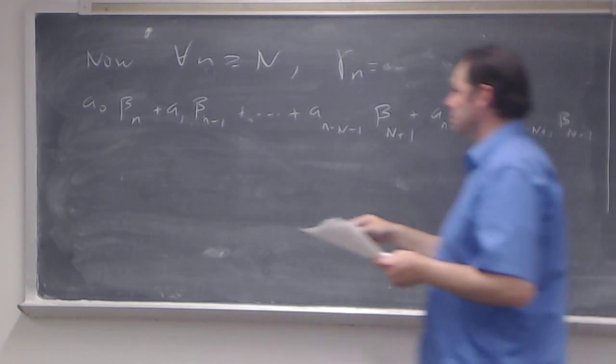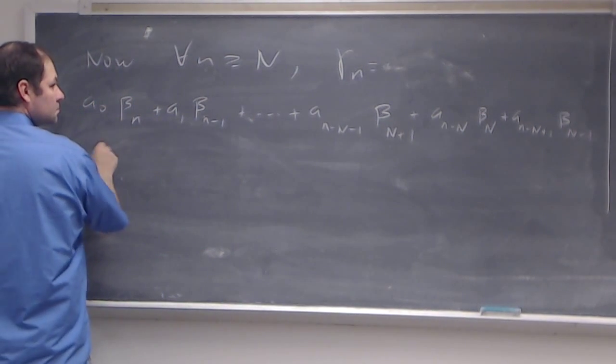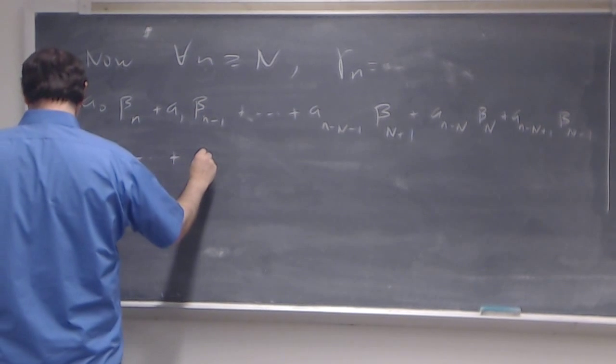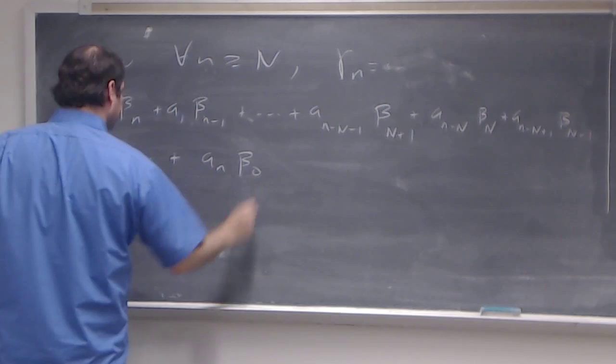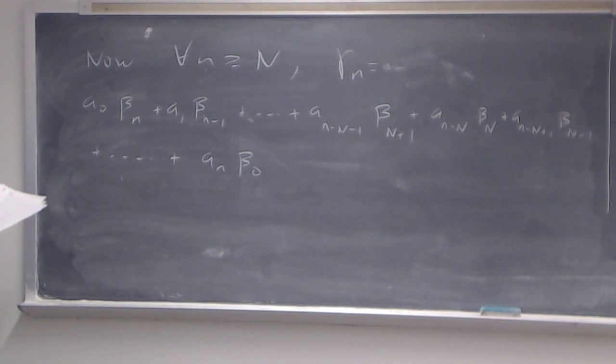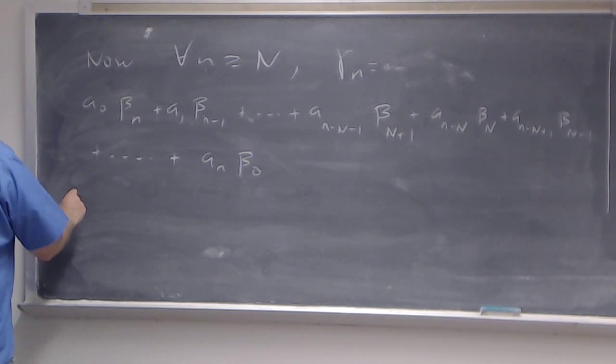And then you keep going. And then the last term you get is A sub n beta sub 0. So that's what gamma sub n is.